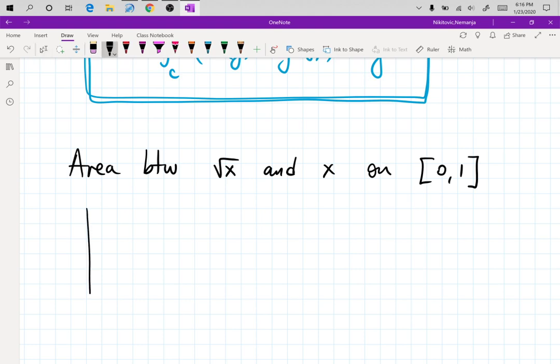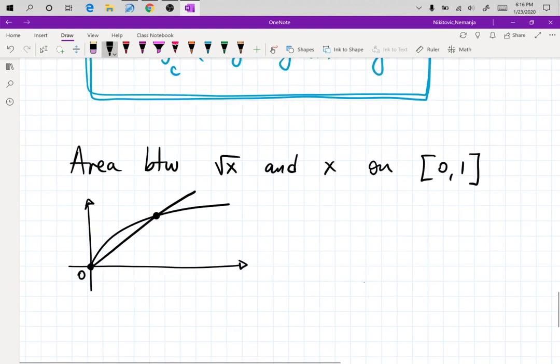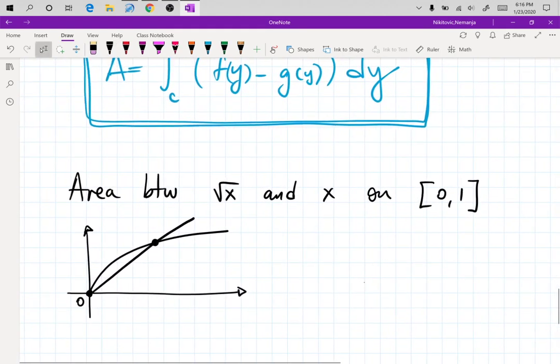We are going to graph. We have our 0, we have our 1, 1 over here, and we are looking for the area in between.